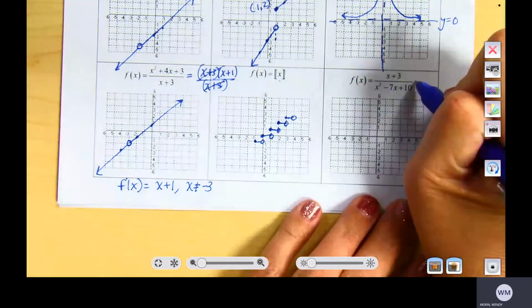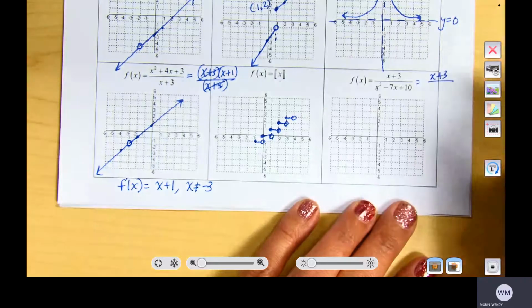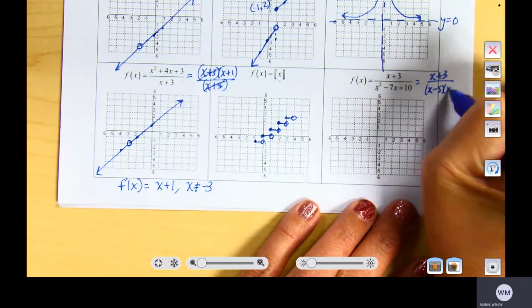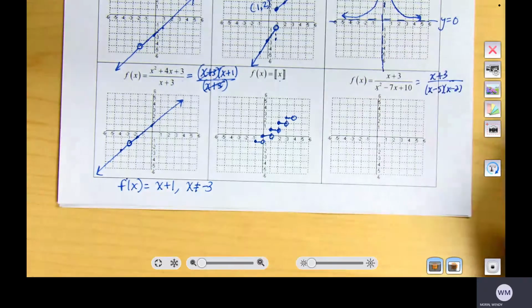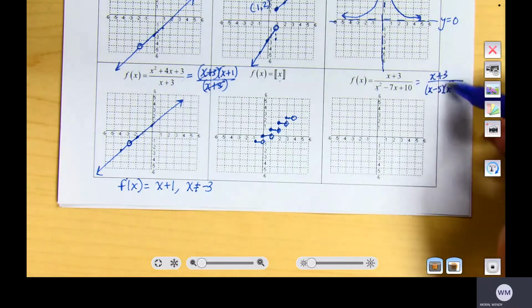Again, let's factor this. X plus 3, factor this. Hopefully you're getting better at factoring. X minus 5 times x minus 2, or x minus 2 times x minus 5. Okay, so you cannot divide by 0. Notice these don't cancel. Nothing cancels here.